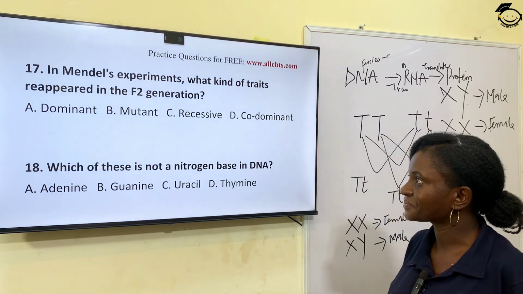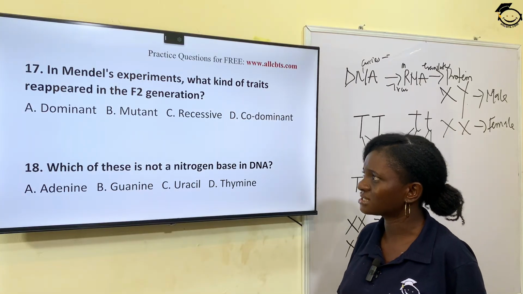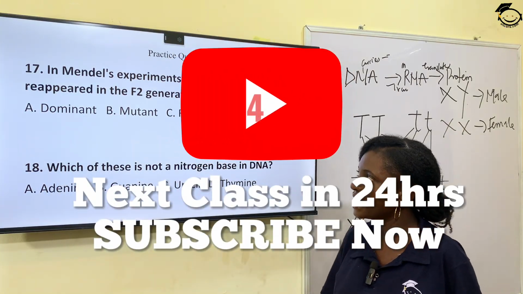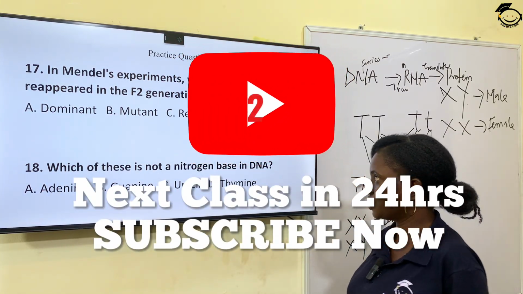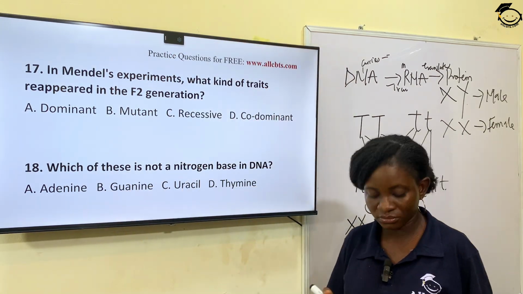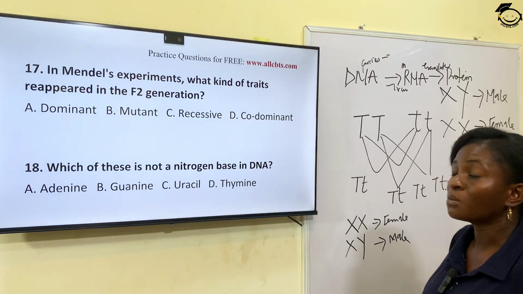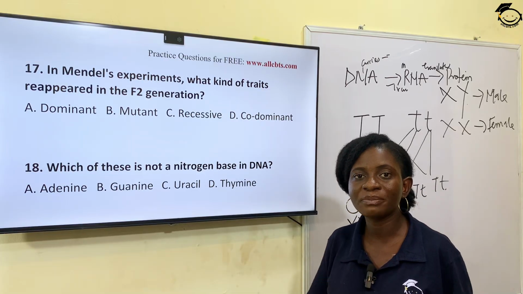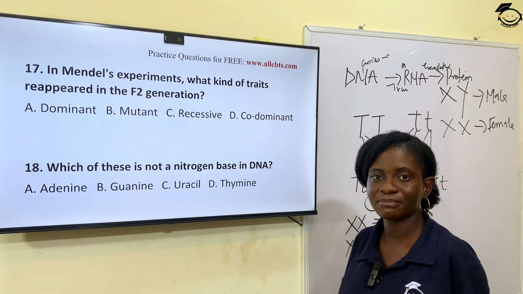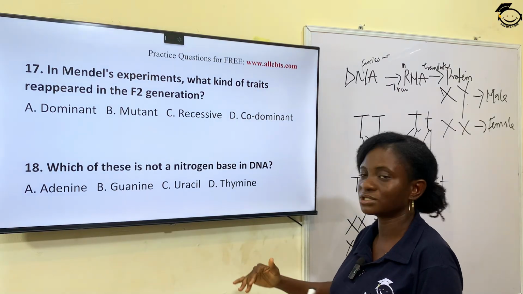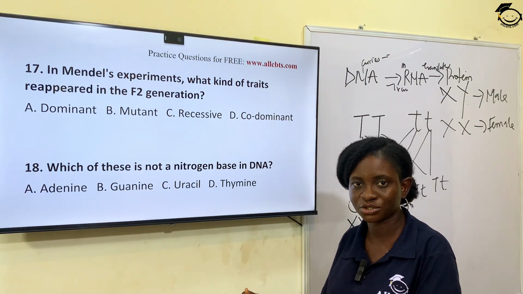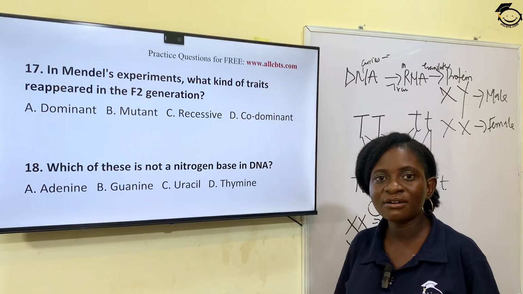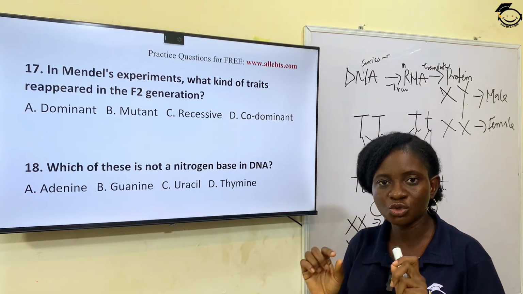Question 17. In Mendel's experiment, what kind of traits reappeared in the F2 generation? If you can recall from the lecture, when Mendel carried out experiments crossing a tall pea plant with a short pea plant, we see that in the first filial generation, the plants are all tall. That means the tall gene is dominant.